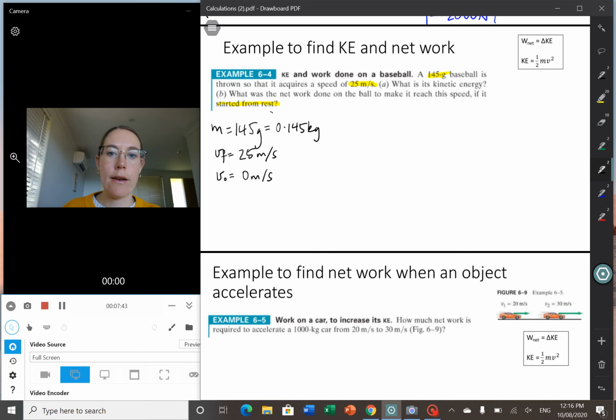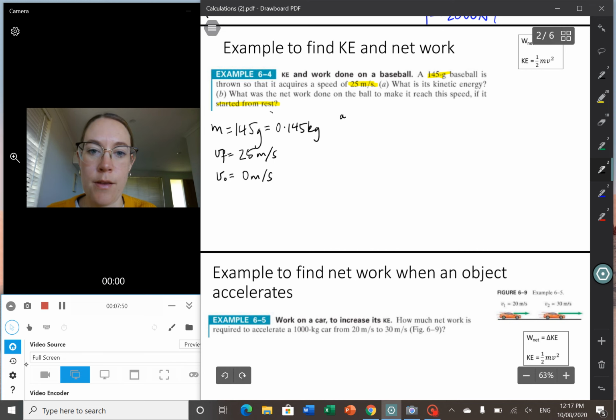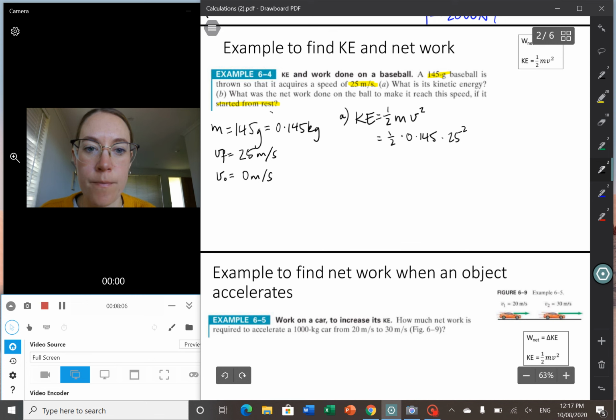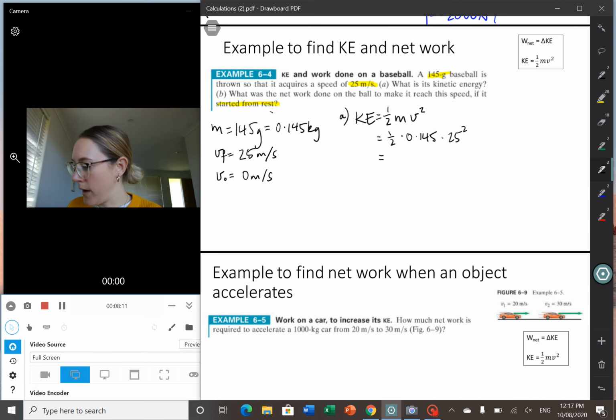So to calculate its kinetic energy, pretty straightforward. I just plug these values straight into the equation to find kinetic energy. Half mass times velocity squared, so half times 0.145 times 25 squared. And that gives me a value of 45 joules.